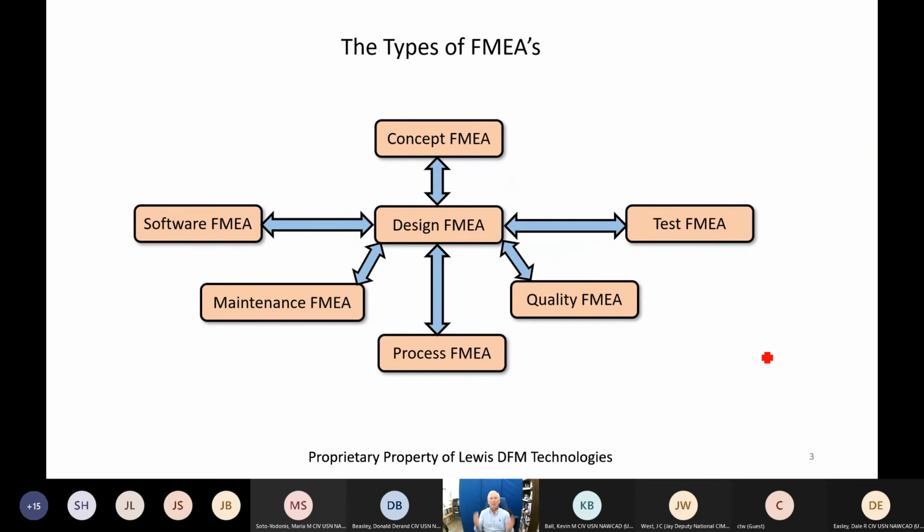You need to be a part of that process, because only then can you say, it looks to me like we're advancing far enough in selecting manufacturing processes that we need to be doing a process FMEA before we go any further. That's part of the challenge.